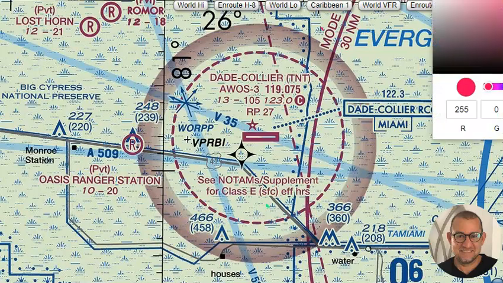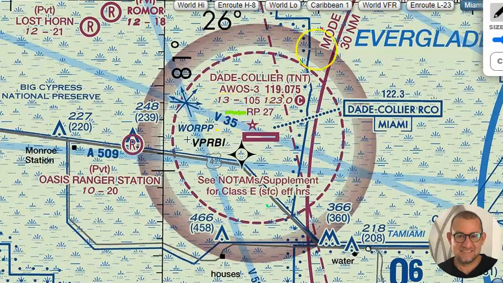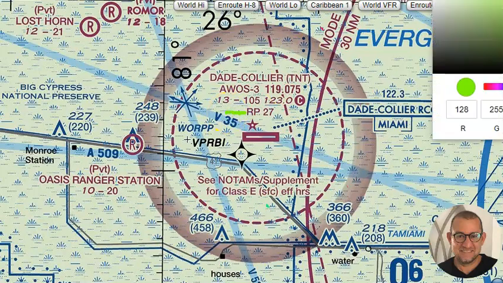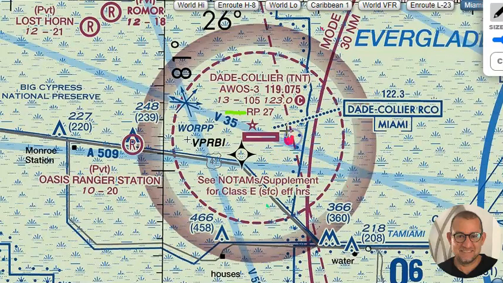Now, what you notice here under the airport data box is it says RP. That means right pattern for runway 27. So runway 27 is going to be right-hand turns. So here's runway 27.